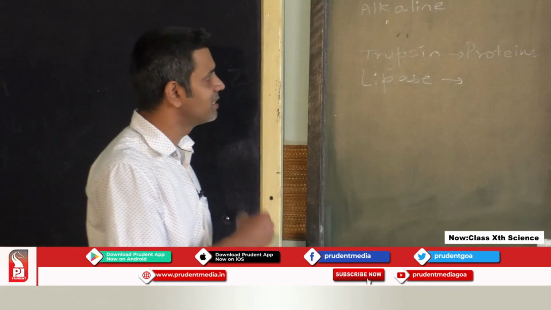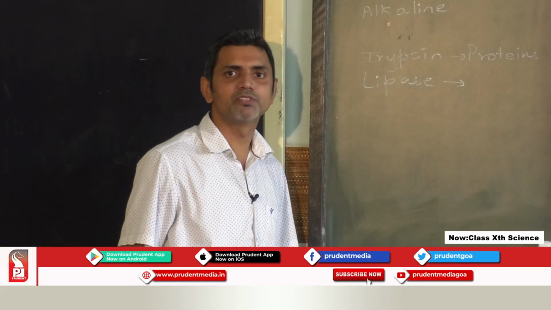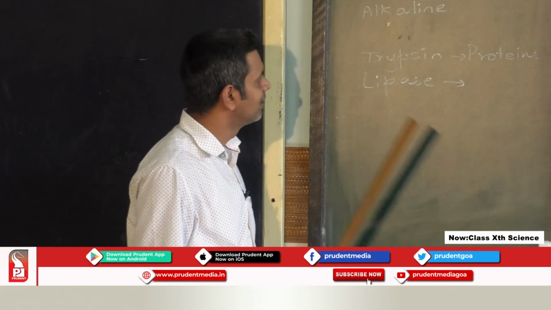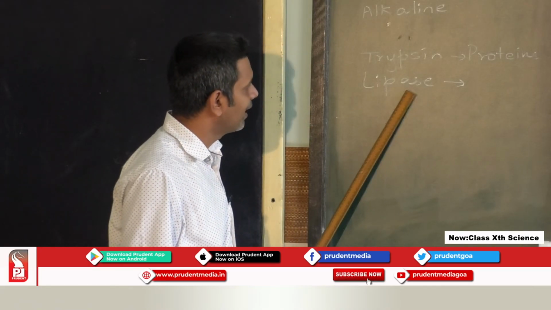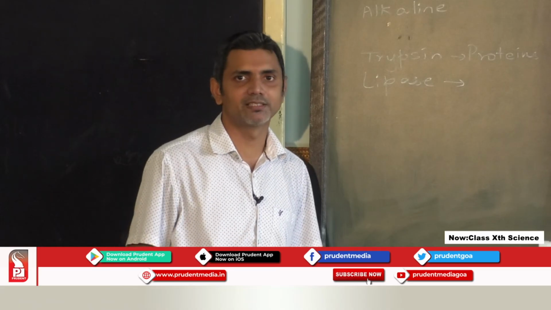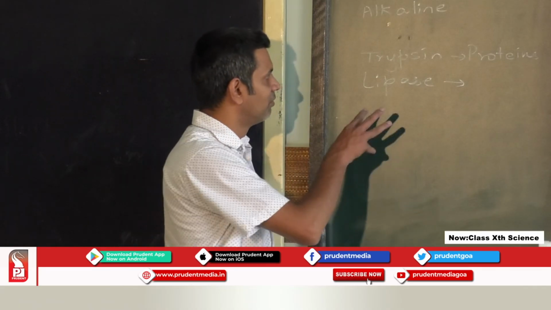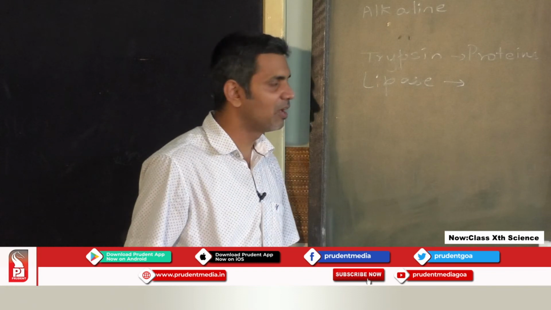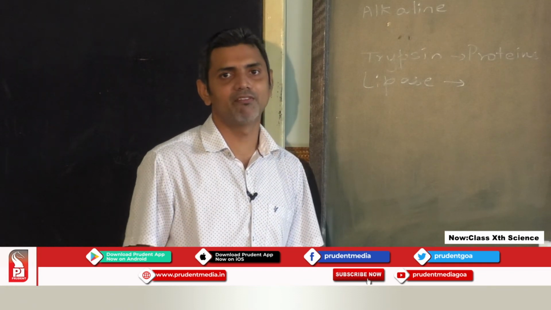Lipase, what does lipase do? It also performs a function. Lipase can act and break down the small globules of fats. So, the function of lipase is that it breaks down the emulsified fats.